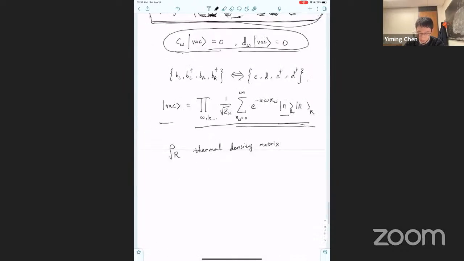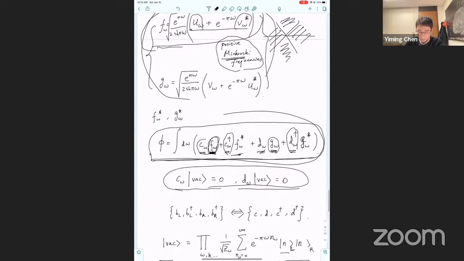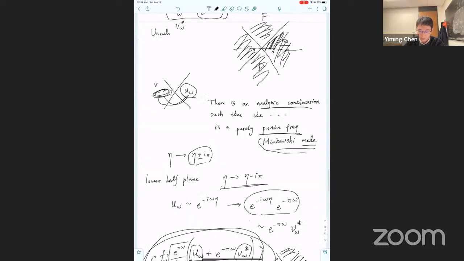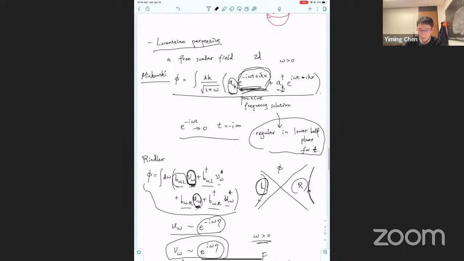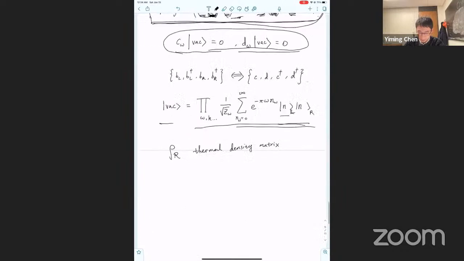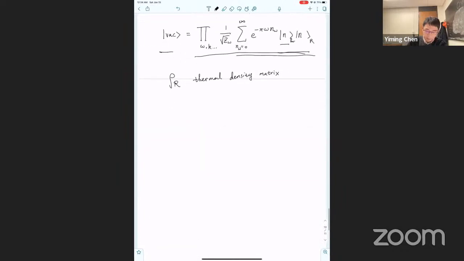Well, because this F function, as I argued, is purely positive Minkowski frequencies. And I believe you can expand any positive frequency function in terms of the plane waves here. Ah, I see. Yeah, just as a Fourier transform of that in the spatial direction. Yeah. I see. Thanks. Okay.